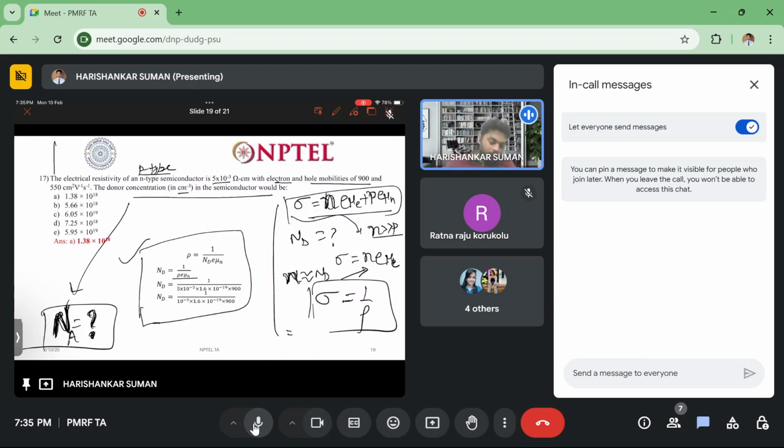You can solve like that. Nothing is changed. You just have to use the electronic charge and mobility of hole.